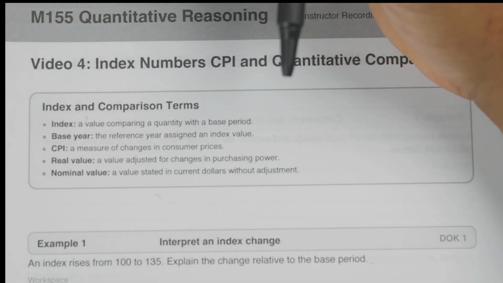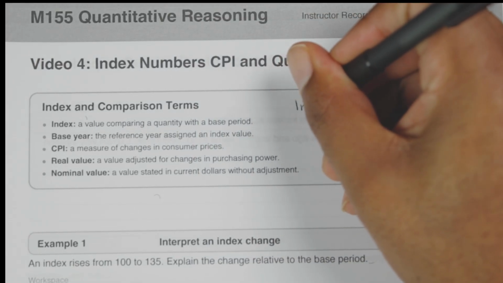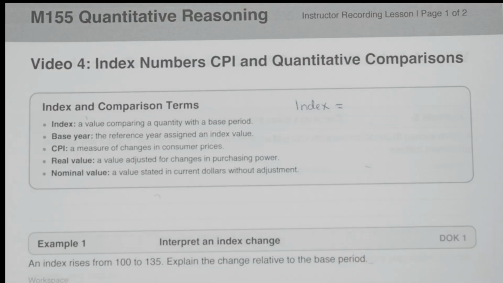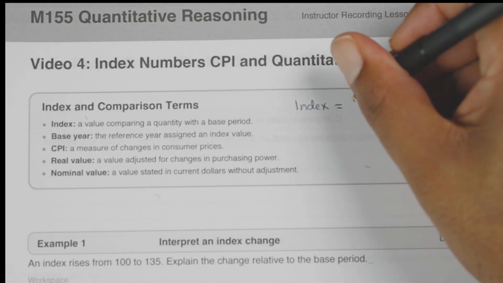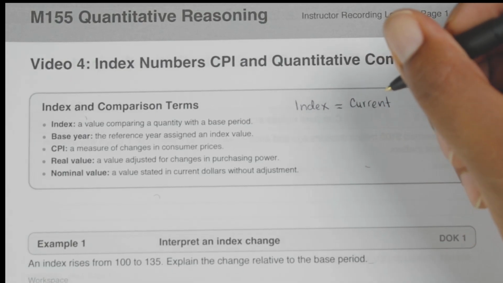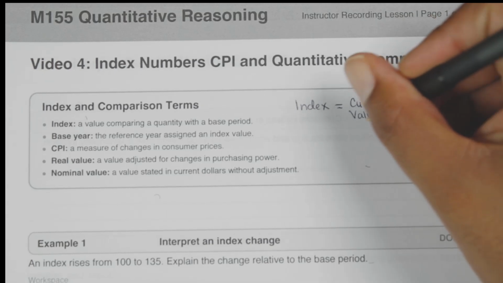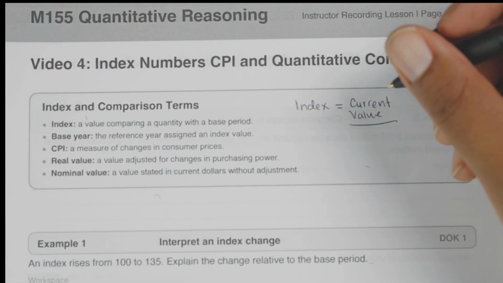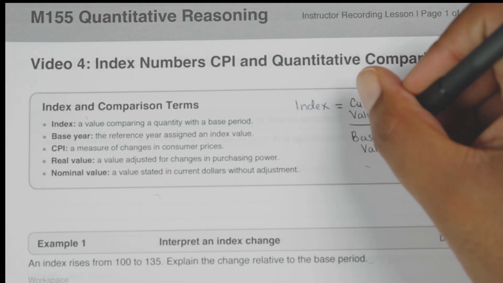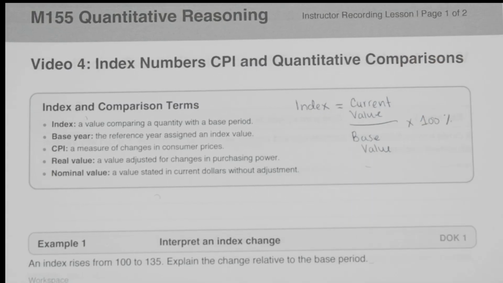A common formula for calculating an index is: index equals the current value divided by the base value times 100.